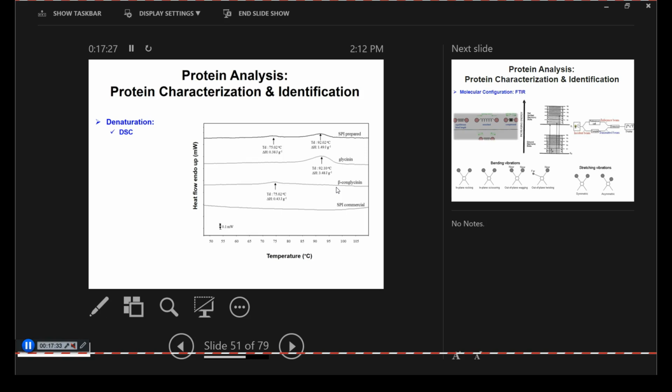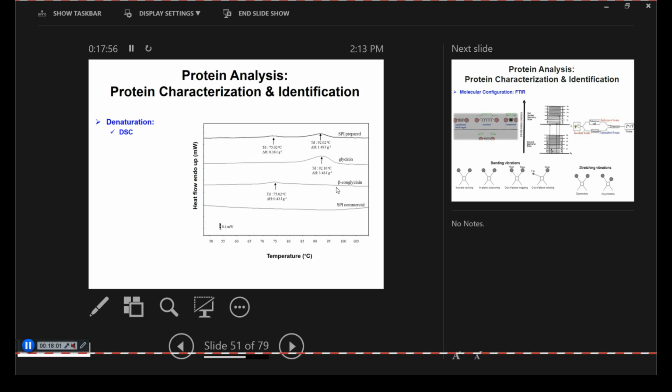It really depends on your protocol and on the separation of the peaks that you want to see. And the peaks that you see are not chromatographic peaks, they are called endothermic peaks. So these peaks that you see here in the thermogram, this is called a thermogram, are endothermic peaks. So this is a thermogram, and this is an endothermic peak.